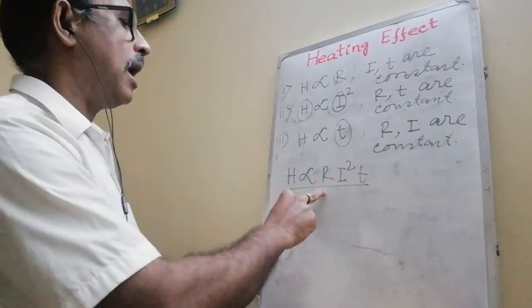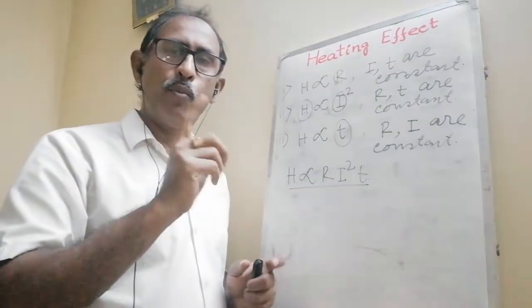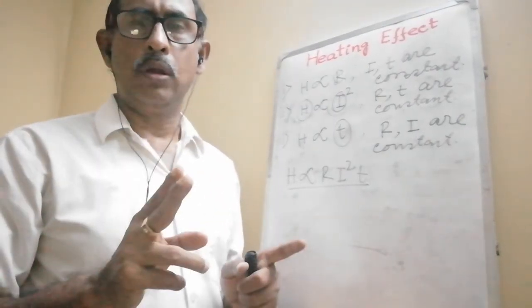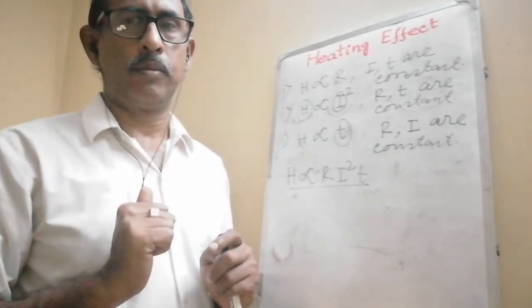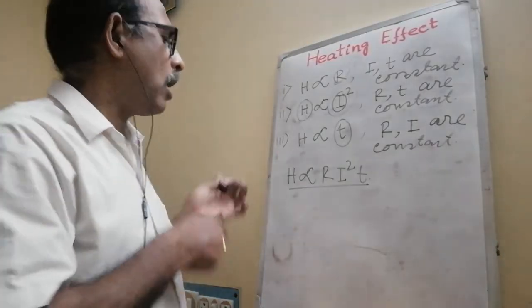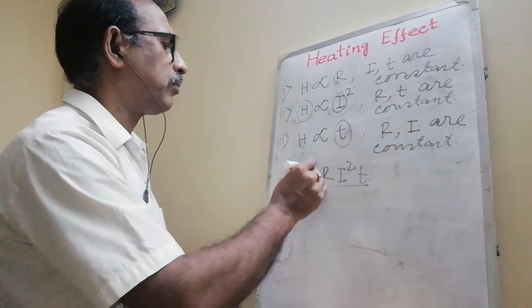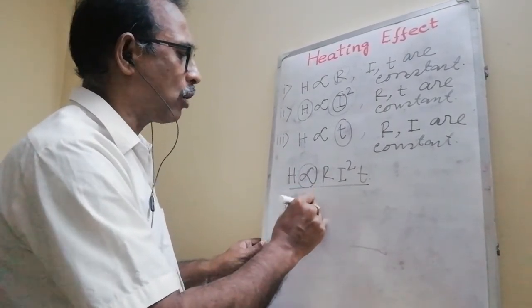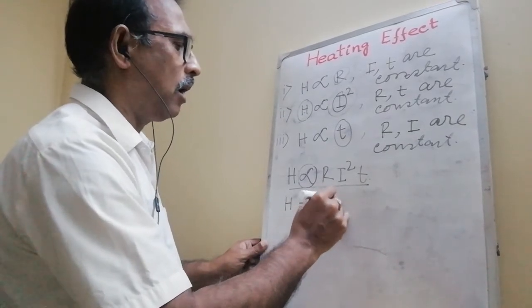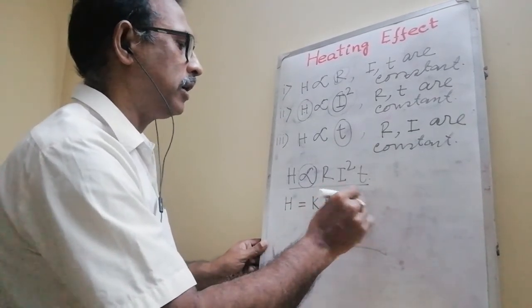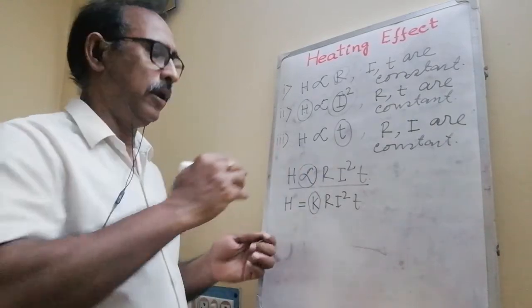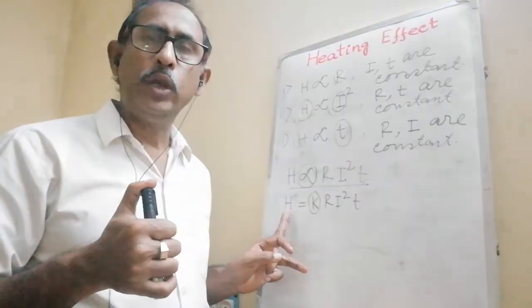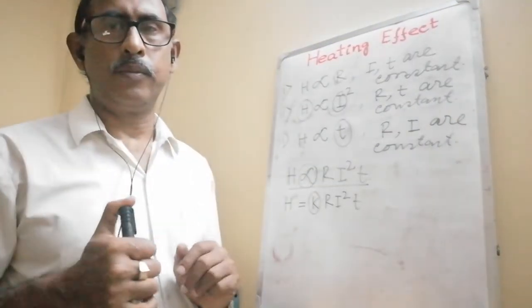Here R, I² and T all are variable, not constant. Now you have to remove this proportion sign, then you get an equal sign and a constant K: H = K R I²T.